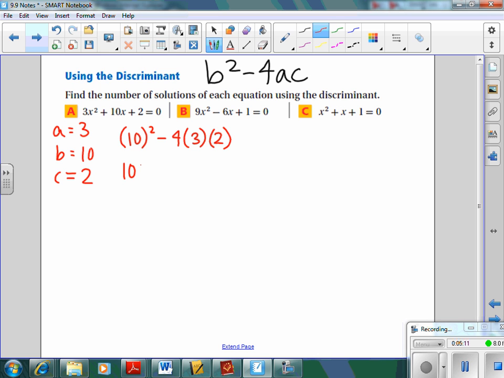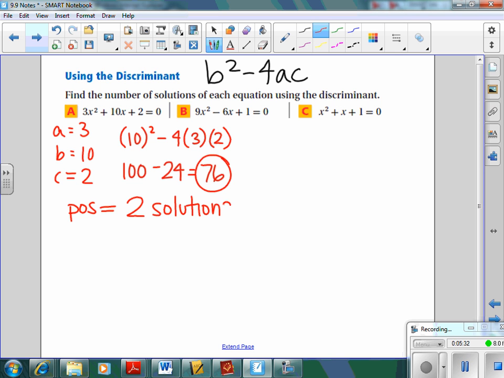So I get 100 minus 4 times 3, which gives me 12, times 2, I get minus 24. When we do that math, we get 76. Positive number. 76 is not your answer. We can't have 76 solutions. But because this is positive, we know we have 2 solutions.